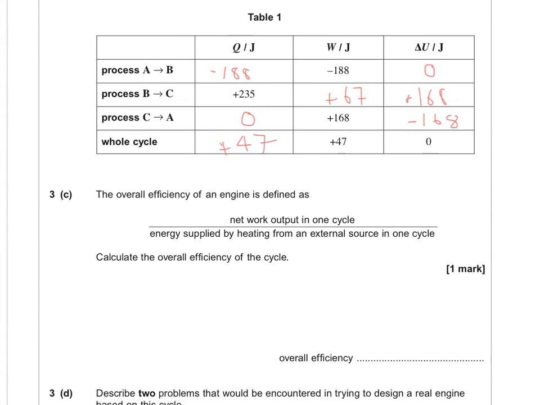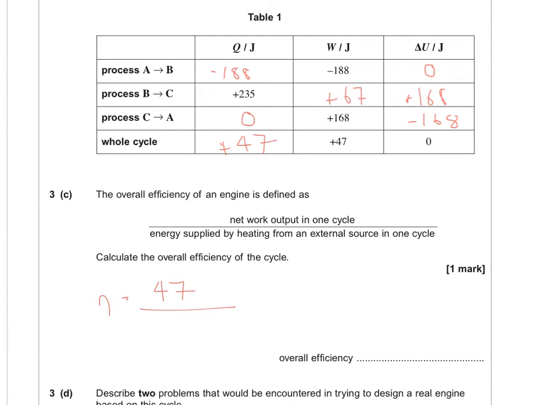The overall efficiency of an engine is the net work output in one cycle divided by the energy supplied from heating. So the net work out is 47. We've just calculated it above, or it is in the table there.